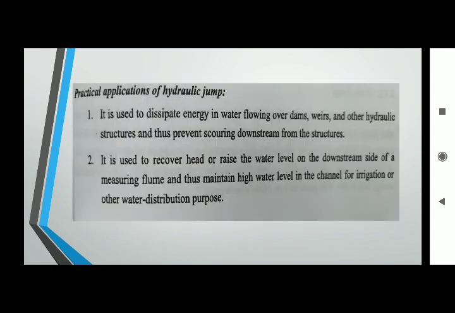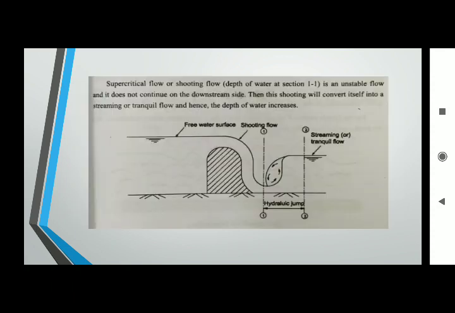Then the applications of hydraulic jump. The first application is energy dissipation. For example, velocity at 1 will be much higher than velocity at 2. If we allow water to flow with the velocity at 1 itself, there will be huge erosion of soil at the river bed. To avoid that, we provide a hydraulic jump.